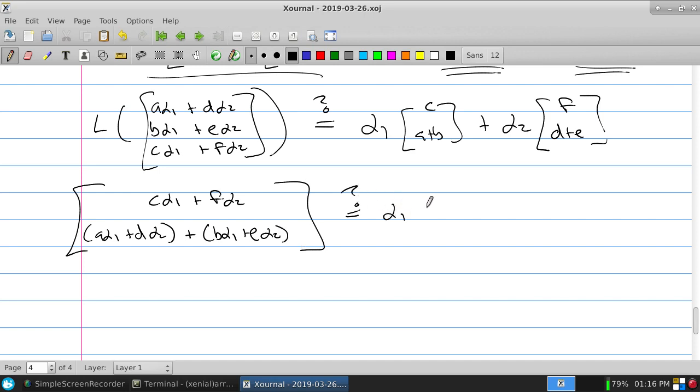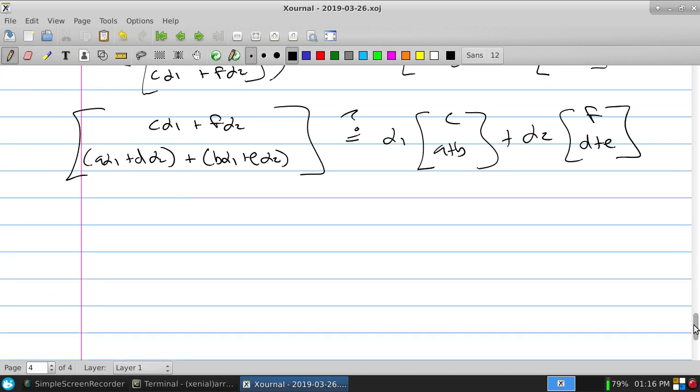Are these equal? Just break across alpha 1, alpha 2. Right? What are the things with alpha 1? What are the things with alpha 2?